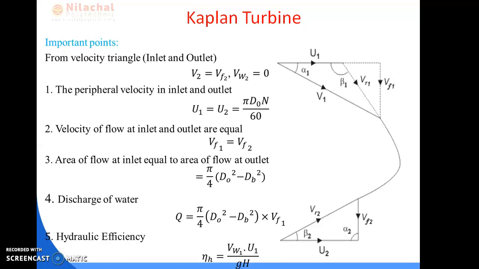So work done per second is equal to rho Q (Vw1 U1 plus Vw2 U2), divided by 1000, in kilowatts, and that is the runner power.